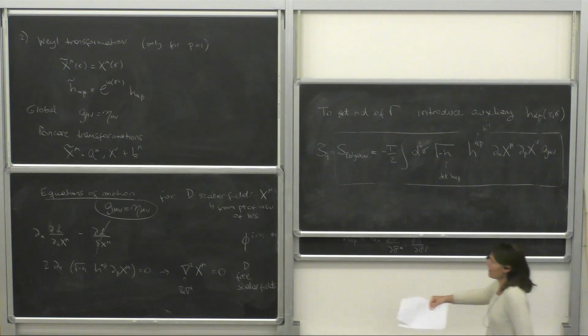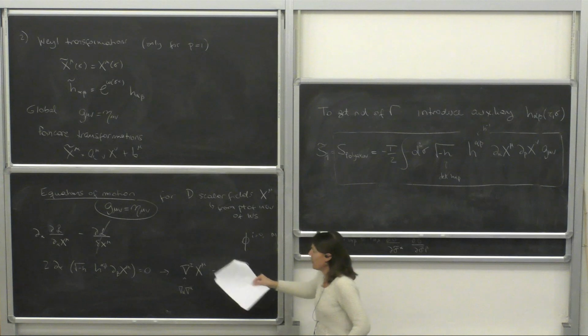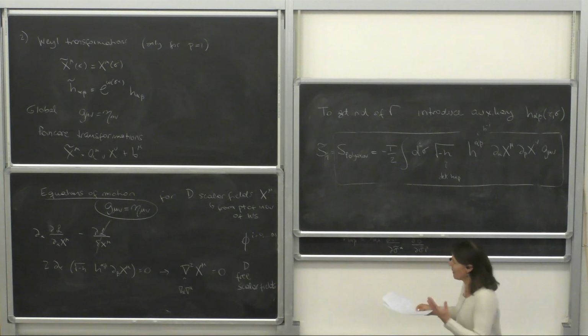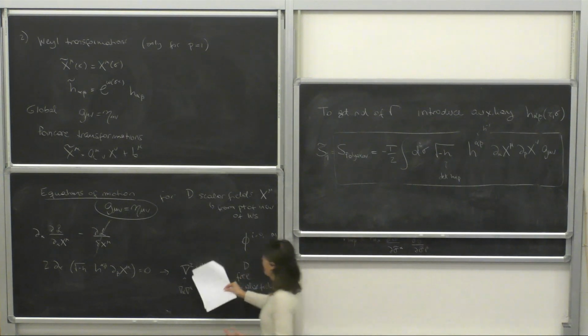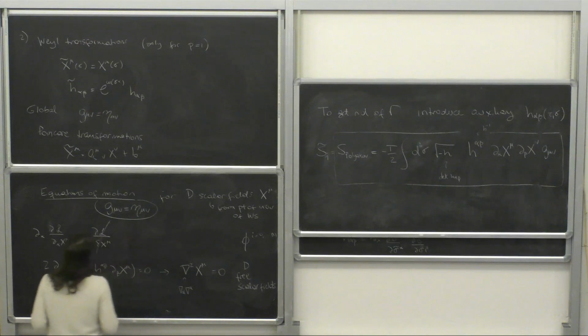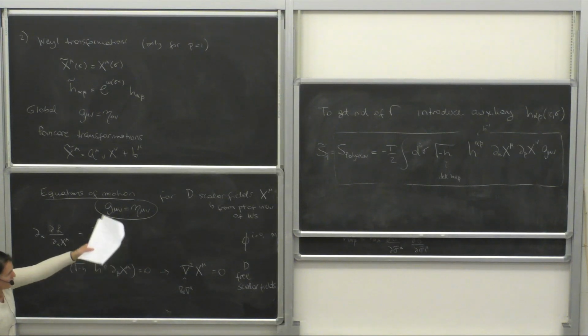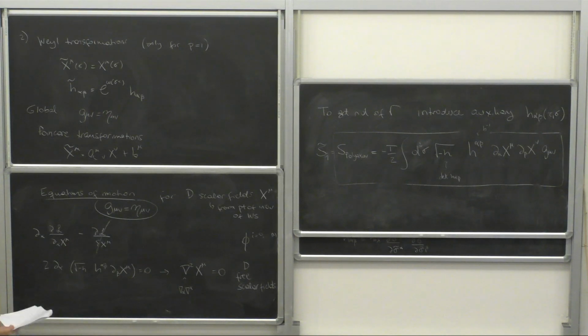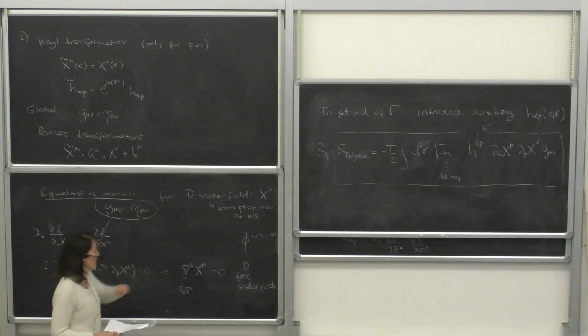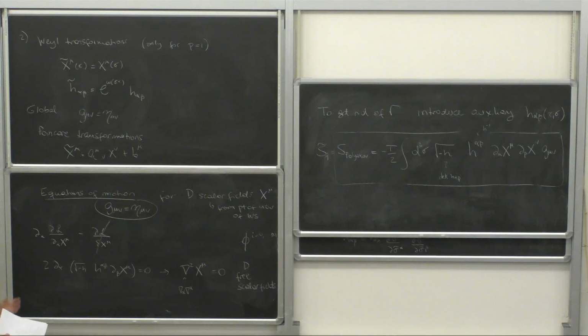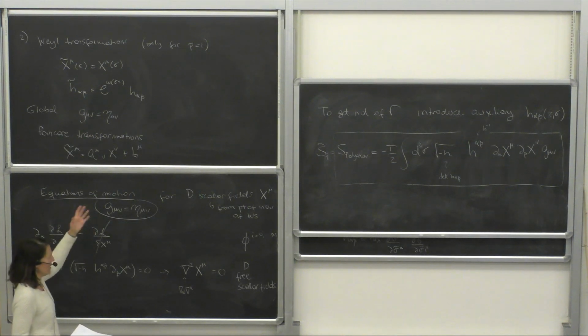So these are my d scalar fields. String theory is a theory of these d scalar fields with that action. If you want, that's string theory. And the fact that I can interpret this as embedding coordinates is possible only in some simple backgrounds, like flat space.